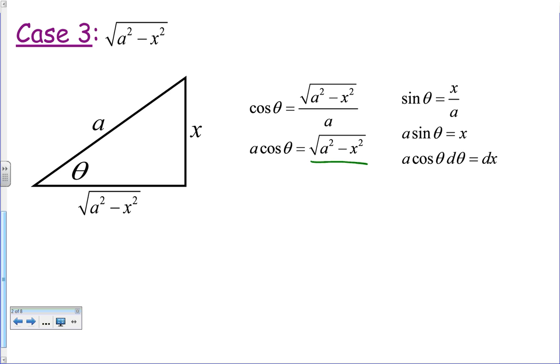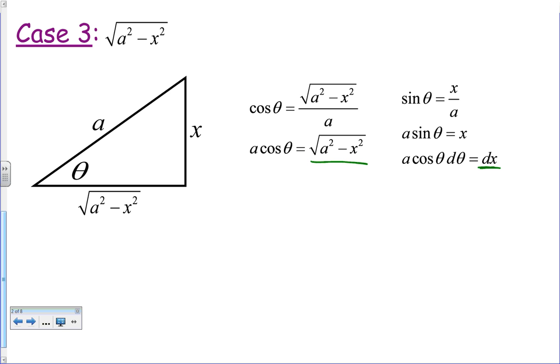Sine of theta is equal to x over a. Solving for x, you get a sine of theta is equal to x. And now take the differential of both sides, and we'll get a cosine of theta d theta is equal to dx. And once again, we've now come up with a substitution that we can make for the dx in terms of theta and d theta.